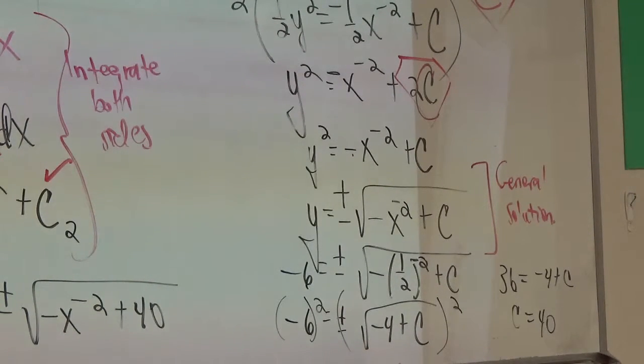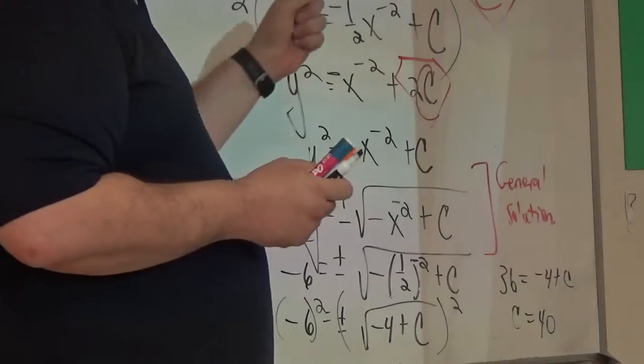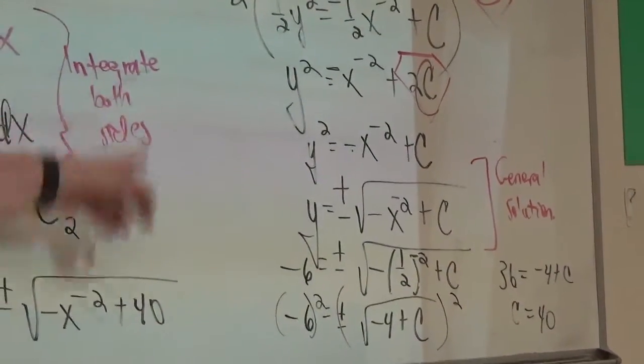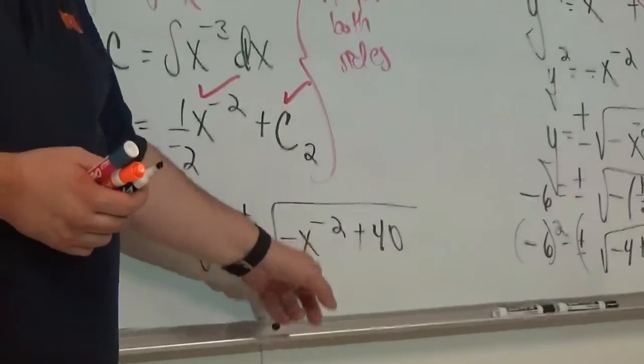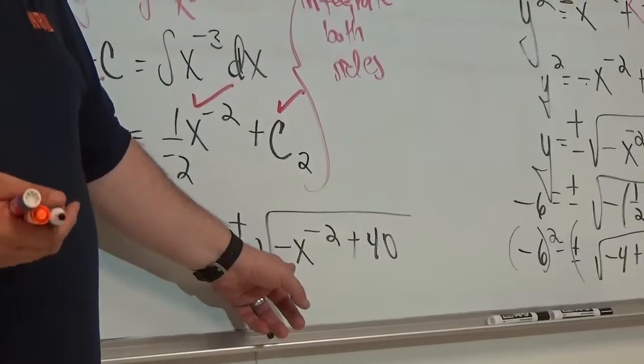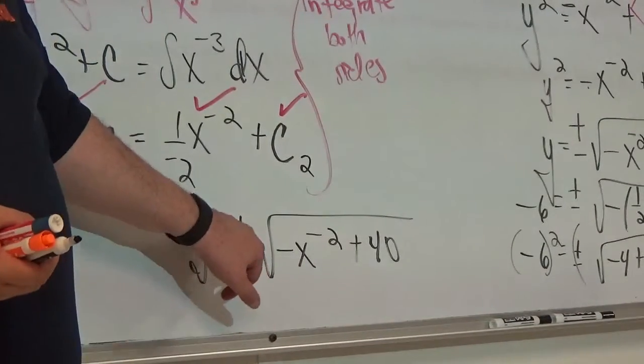Now, the one rule when it comes to working with differential equations, your answer has to be a function. I need a function that passes through that initial condition. And the square root of -x to the negative 2 plus 40 is good. But I have to make a choice.